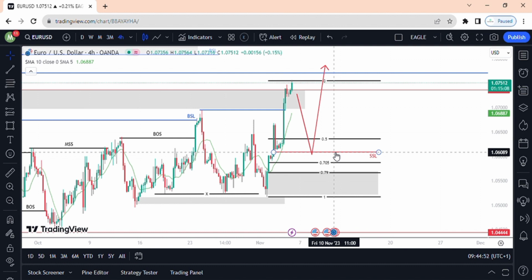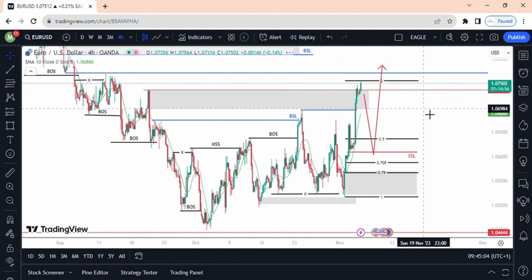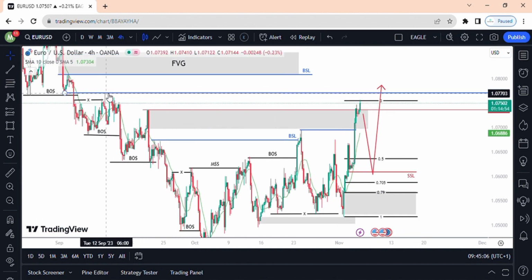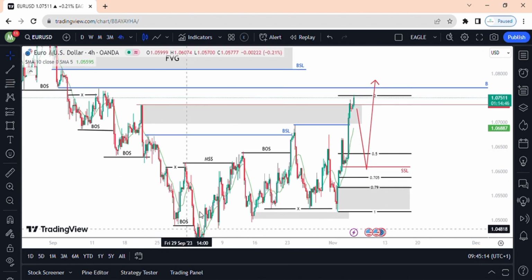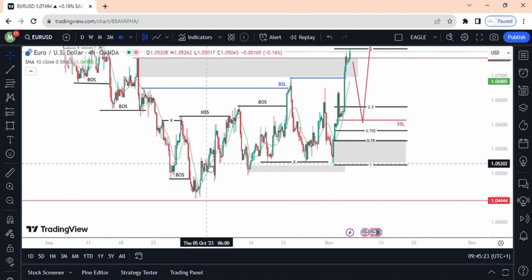You can just set your buy order at this point, and if they definitely get you in, it will be nice, because they are not going to push price below this order block. If they push price below this order block, one thing you should take note of is this high. If this high is hard, you should be careful, because most times they might send price down to this low, the low here. So we are going to try our best just to stay safe in the market.